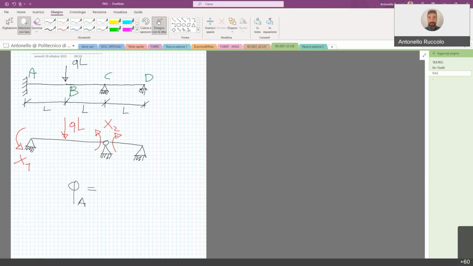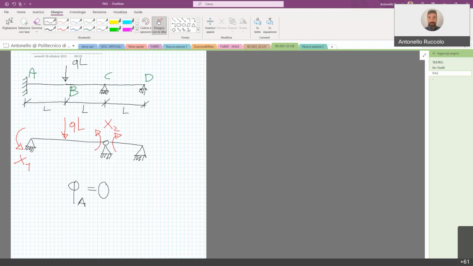But we have to impose that the rotation in node A has to be equal to 0. So we can find those values of x1 and x2 such that the rotation in A is restored equal to 0, so that this structure, the second one, is equal to the first one.